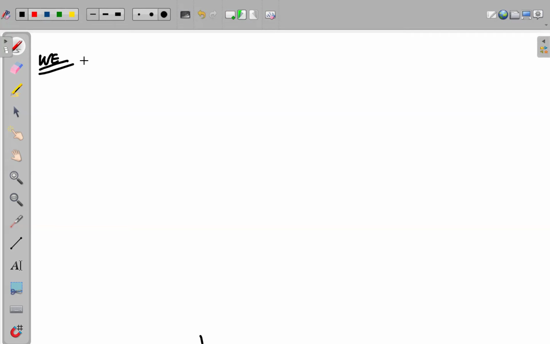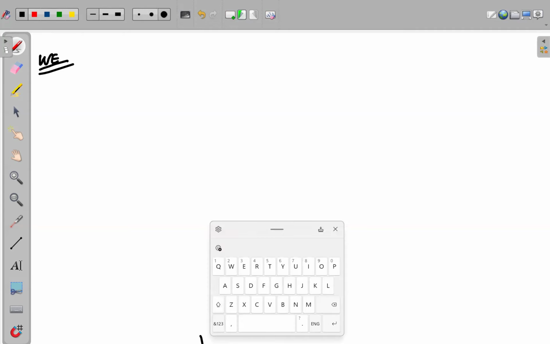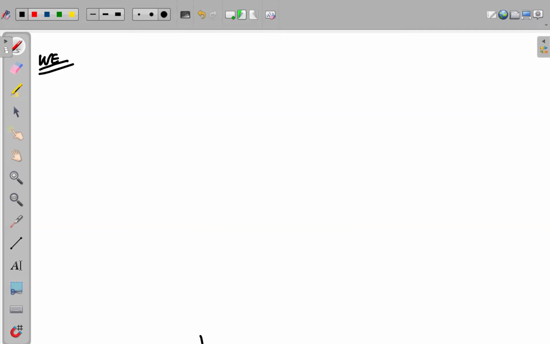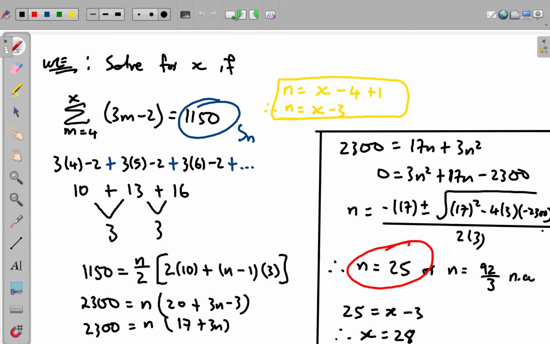I don't know what example number this is. Why is the fraction not applicable? Okay, that's another question coming up. Well, the fraction is not applicable because when we deal with number patterns, N must be a natural number.